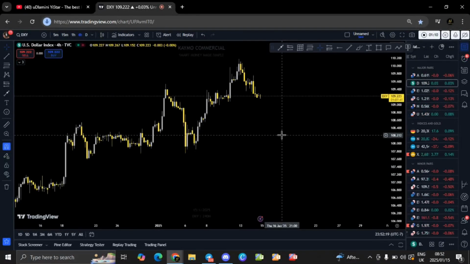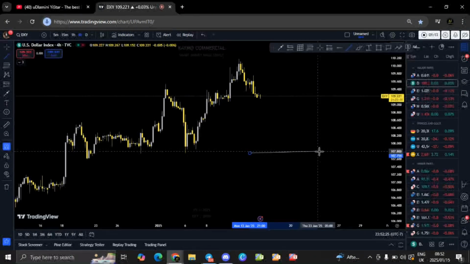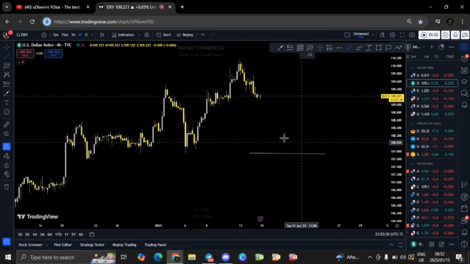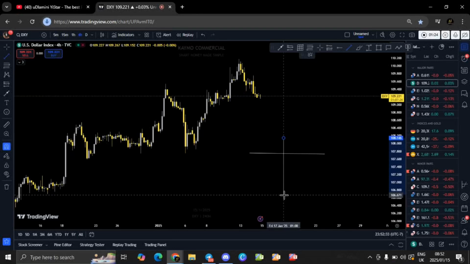Guys, correlating pairs, right? Let me try to do a table for you guys to see what I'm talking about. I might need a text for this one.